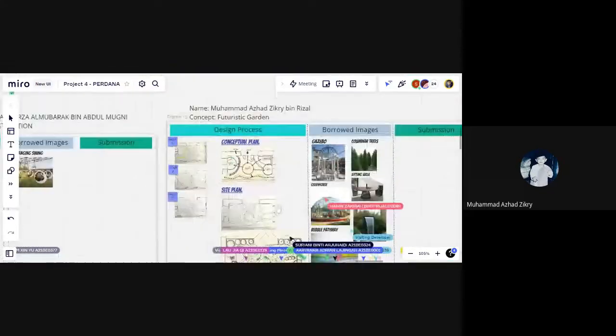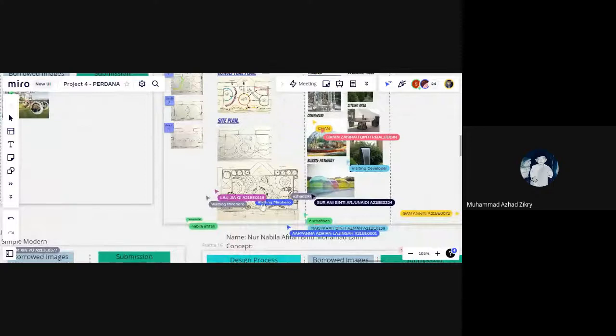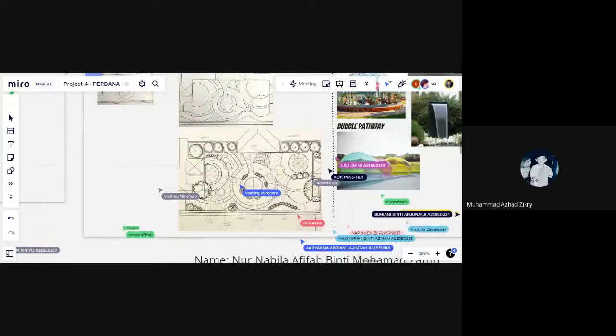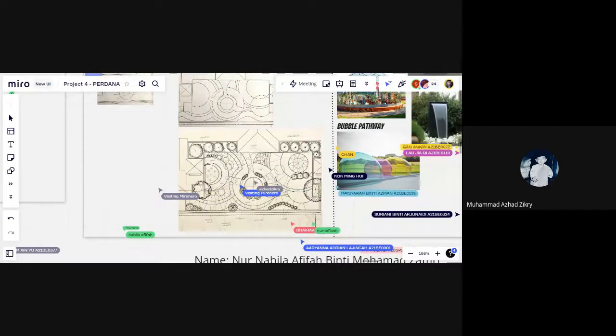So here we got a greenhouse, and below it there is a lawn that has water flowing like a river. In the middle, I put a gazebo that connects each space in my site plan. And on the left, there is a pond, and also a waterfall attached to walls.